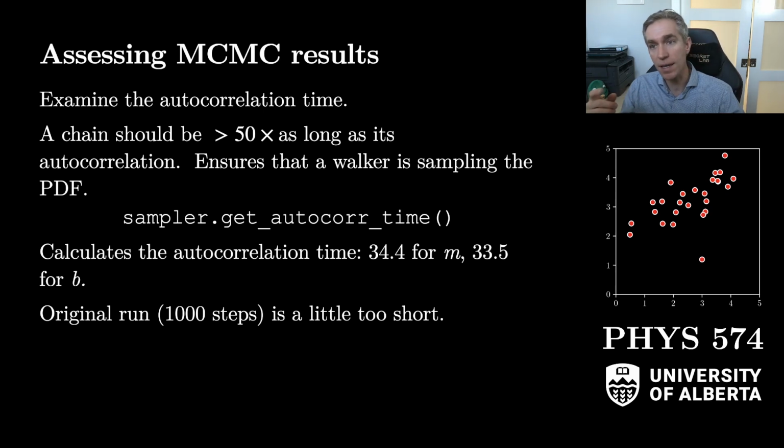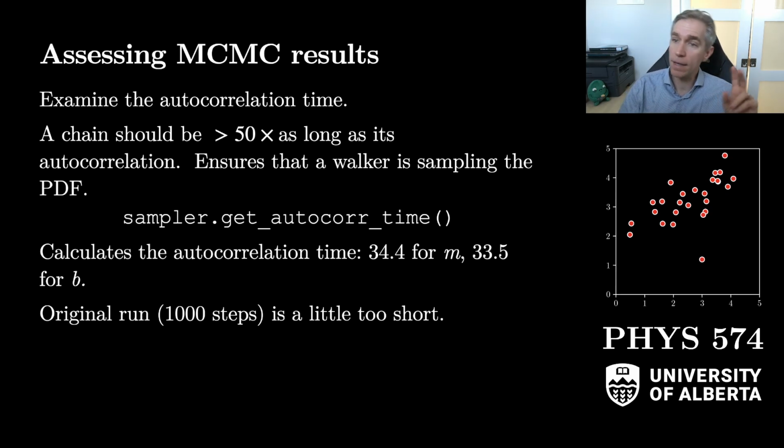We can take the sampler and run it for another 500 or 1,000 steps, and that'll ensure that we've really independently sampled the data. So it's good to look for chains that run 50 times their autocorrelation length. And the autocorrelation length can be significant because the walkers are not necessarily walking the full width of the probability distribution each time.